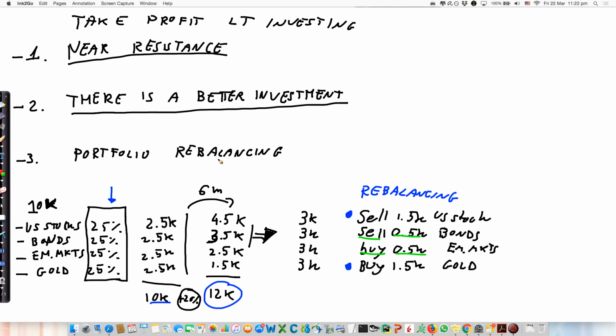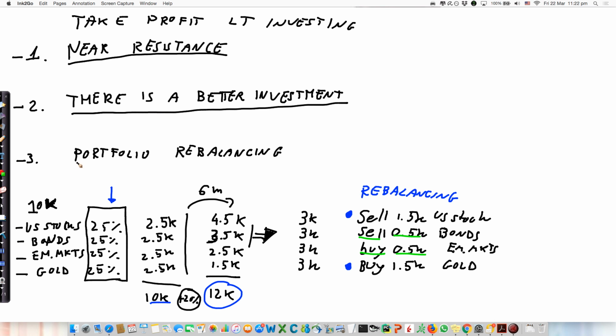It means you buy at a good price, the price is increasing, you are happy, and then you reach a level where it's more likely to see a reversal, to see the price going down. So you can sell your shares and then you can buy back later when they are again at a good value. The number two is you can sell everything if there is a better investment.